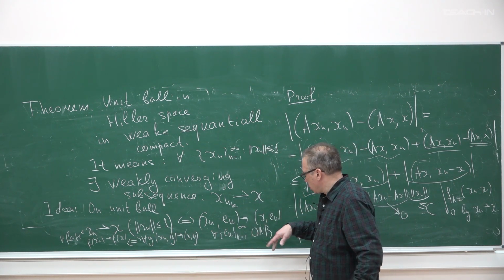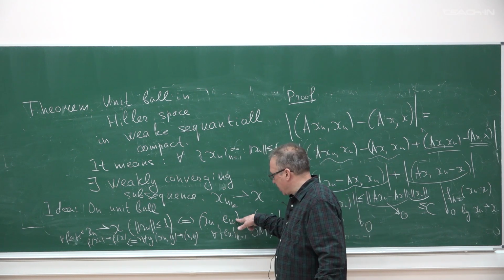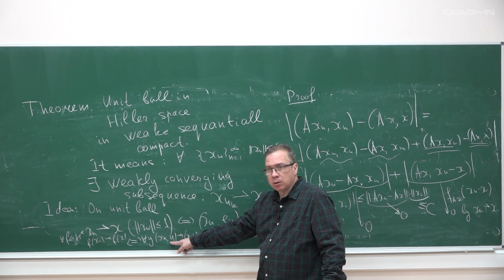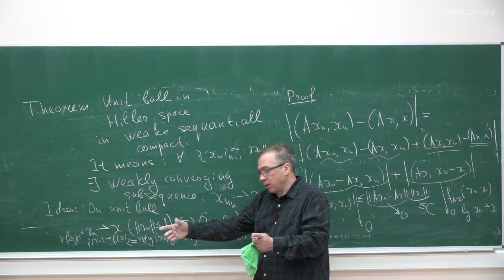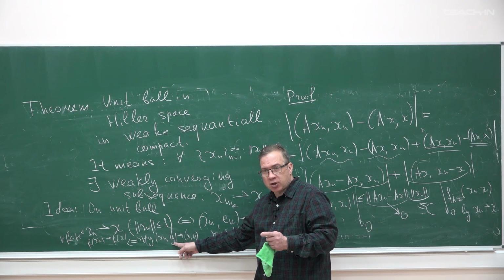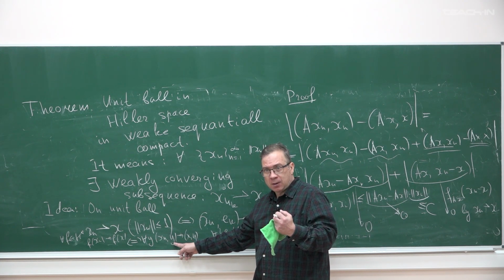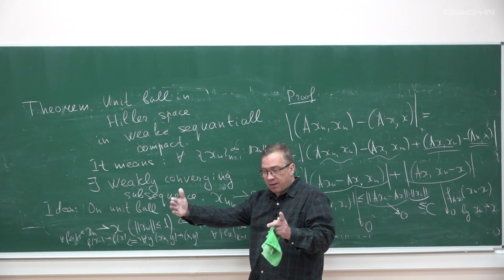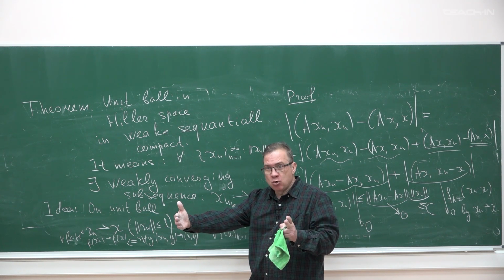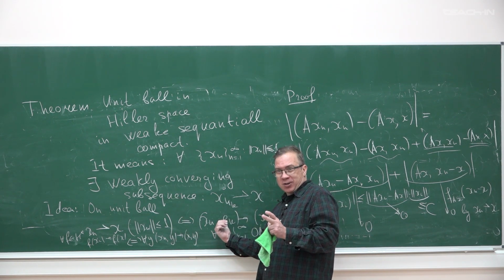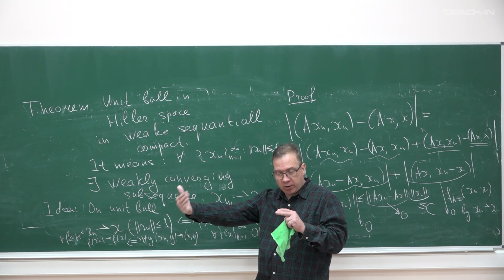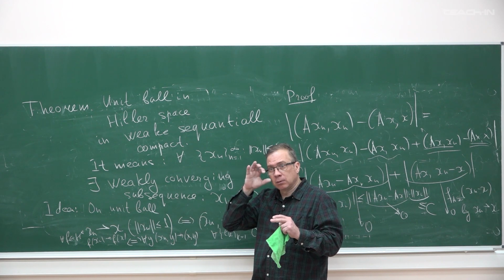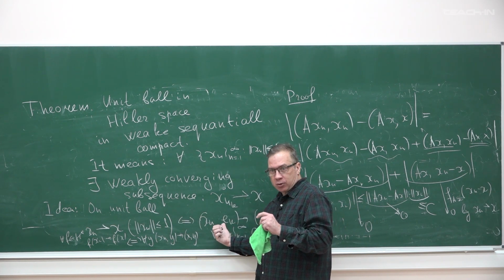But for the inverse, if you have this, then you decompose y in the basis elements, and estimate the tail of the representation of y, the end of the series, by epsilon. And for the first part, the finite sum, you have coordinate convergence.